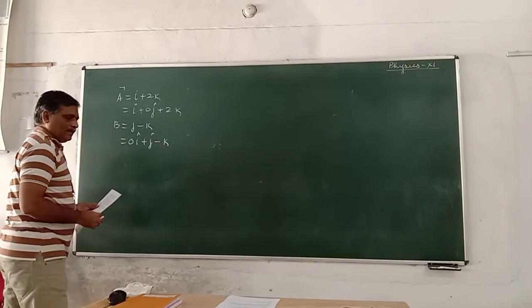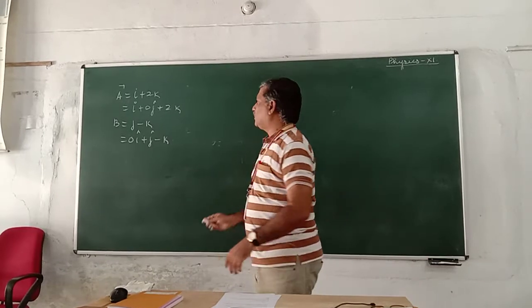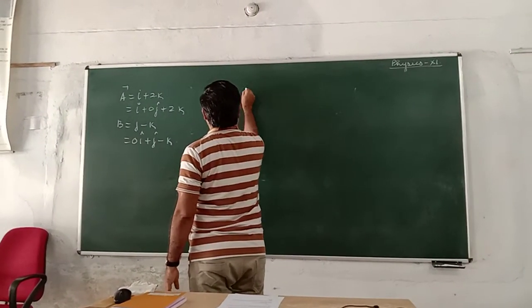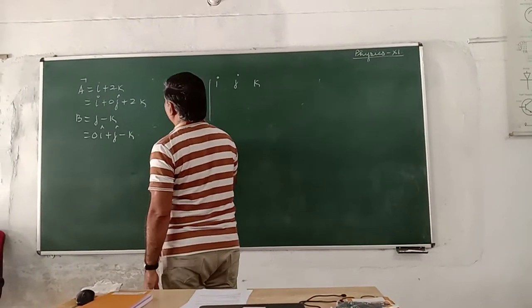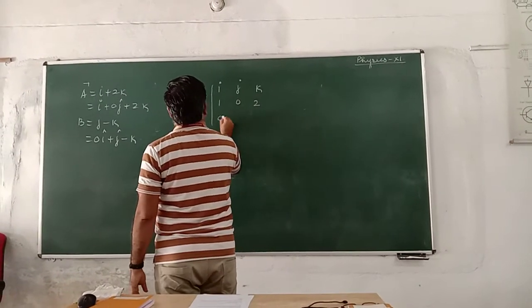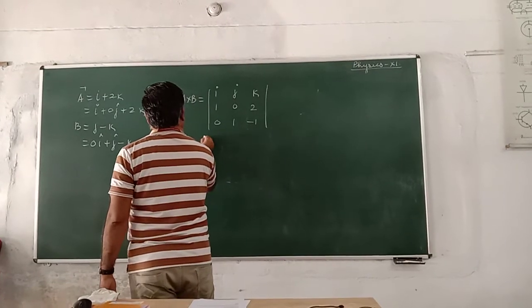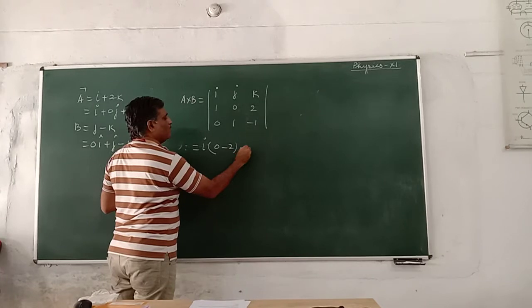This is again, and A cross B is asked. What is A cross B? A cross B is equal to the determinant of i j k, 1 0 2, 0 1 minus 1, which is equal to i into 0 minus 2. Middle sign is minus.